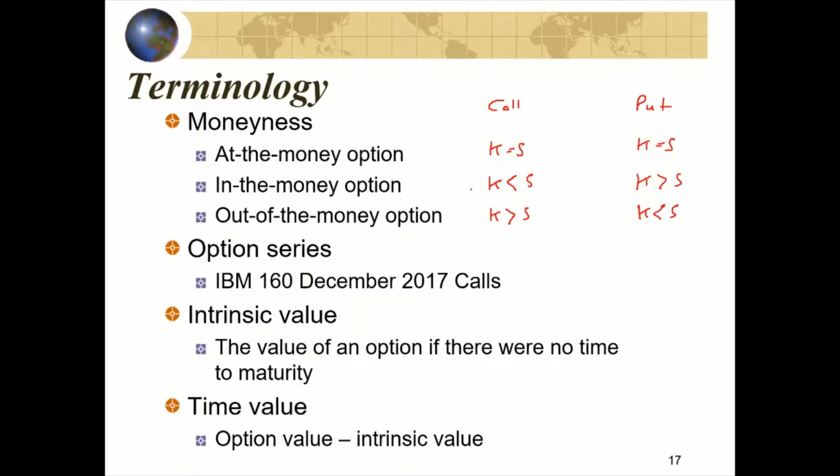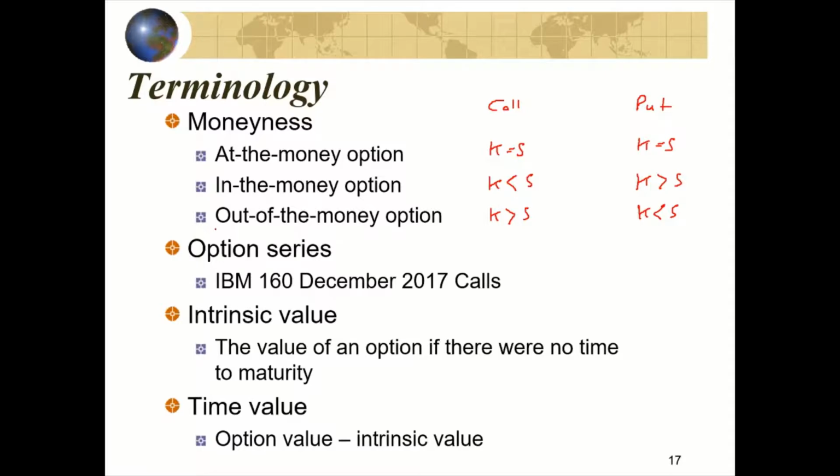So to summarize the moneyness of options, for a call or a put, the option will be at the money if K, the strike price, is equal to the current spot price. A call option will be in the money if K is less than the current spot price, and a put option will be in the money if K is higher than the current spot price.